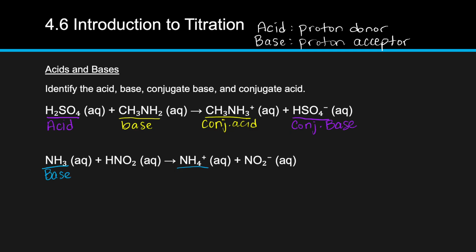And that turned into the conjugate acid. Then looking at our other acid-base pair, again, only differing by a proton, we can see that this one lost an H plus ion, or donated that proton. So this is going to be our acid, and this will be our conjugate base.